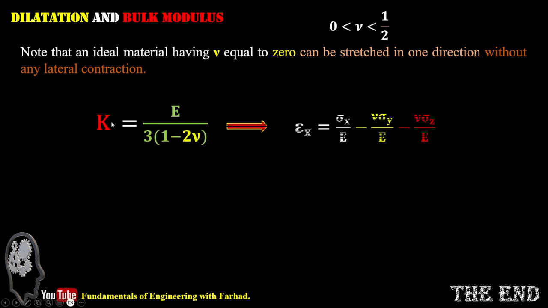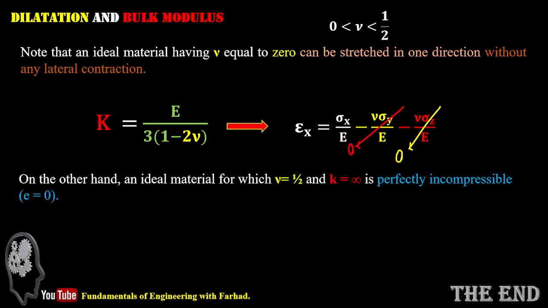If you recall the equation, if nu is equal to 0, we remember epsilon x is sigma x over E minus nu times sigma y over E minus nu times sigma z over E. If nu is equal to 0, these two terms go to 0, and in a multilateral strain, it works like a single strain material.